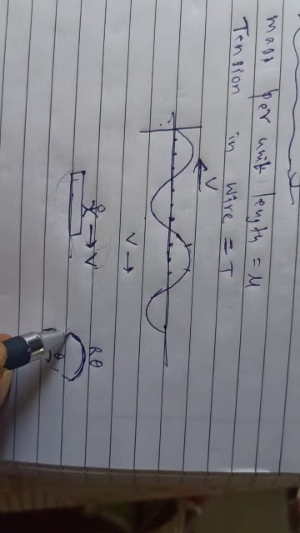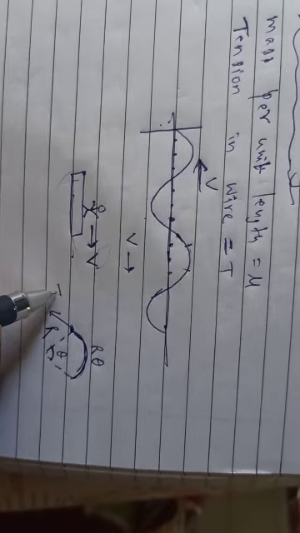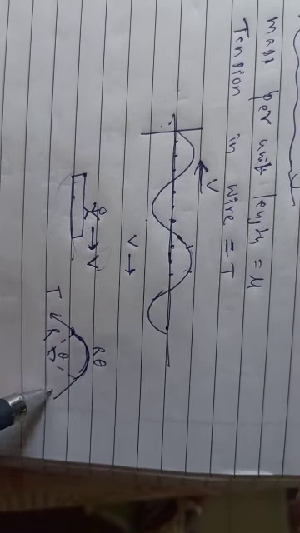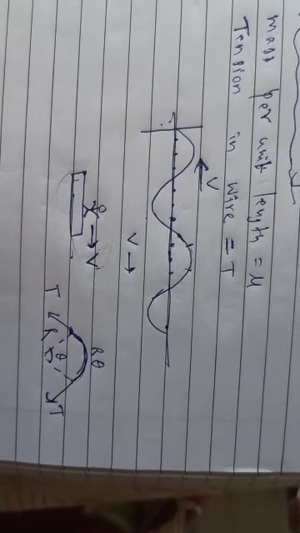Now the string is pulled. This part of the string is pulled in this direction by tension T, and this part is also pulled by tension T. So these are the two forces.